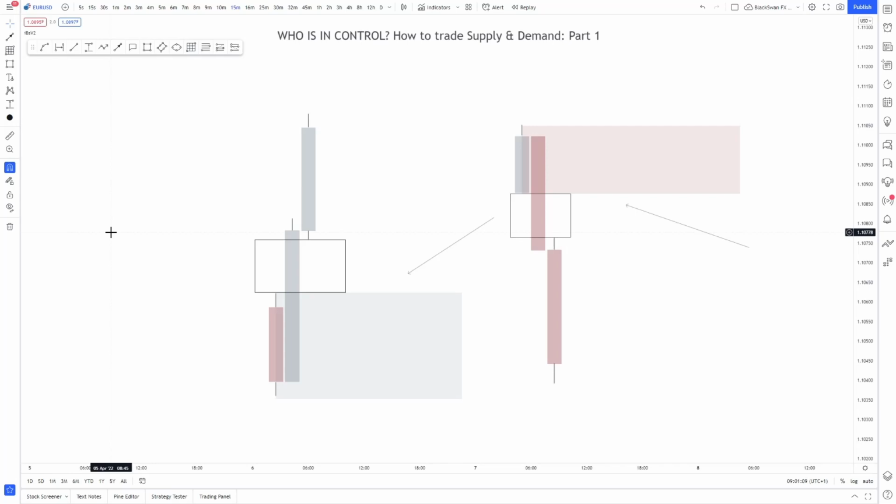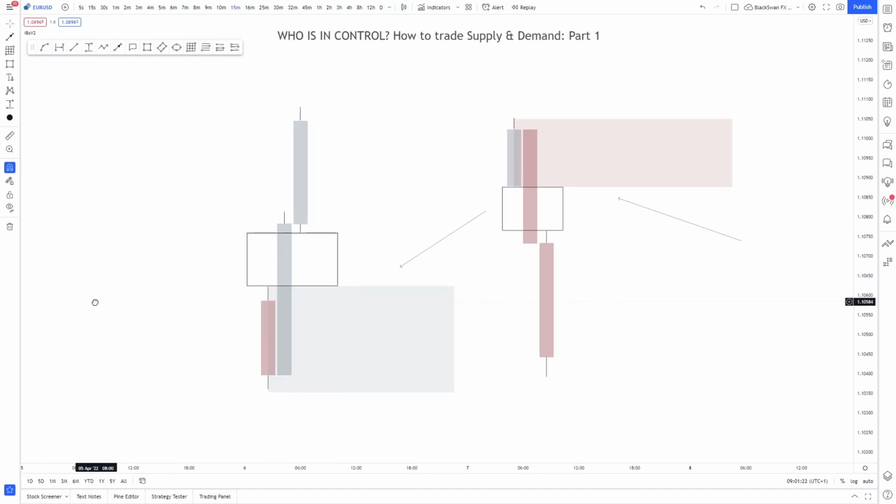Yeah, we also need to see that there was interaction on the other end of the transactional process. So if we've got a demand zone, what we need to see is interaction with a supply zone. And if we've got a supply zone, what we need to see is some sort of interaction with a demand zone. So what might that look like?